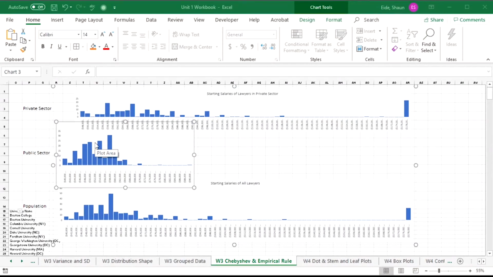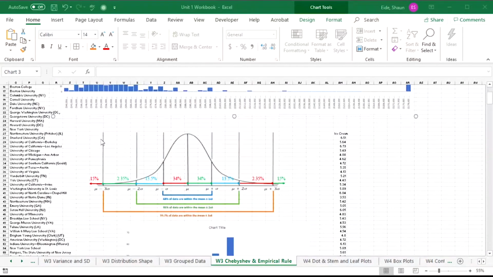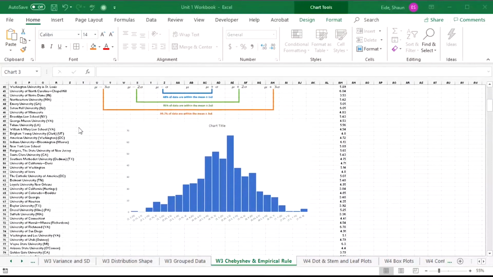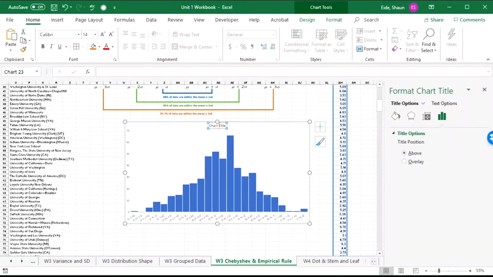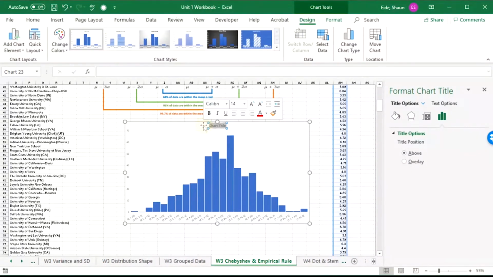But for all intents and purposes, it's really hard to find perfect data. So I made a data set right here. And this data set right here is representative of weight of ice cream, or better yet, scoops of custard.